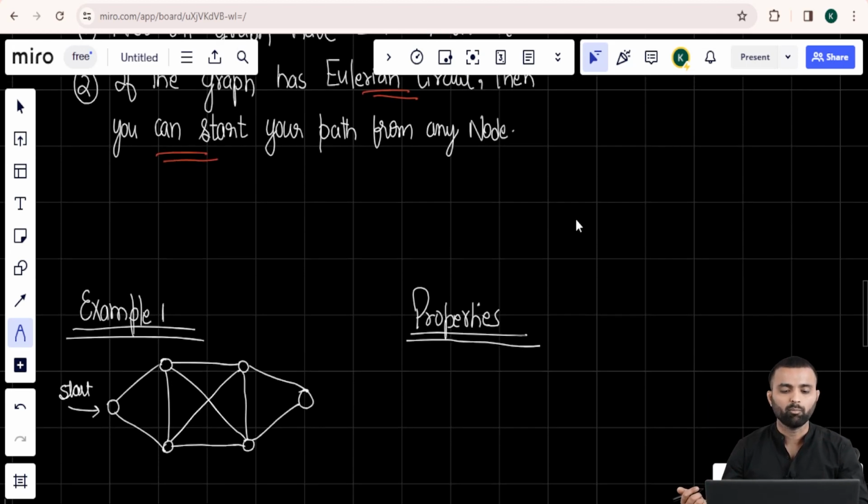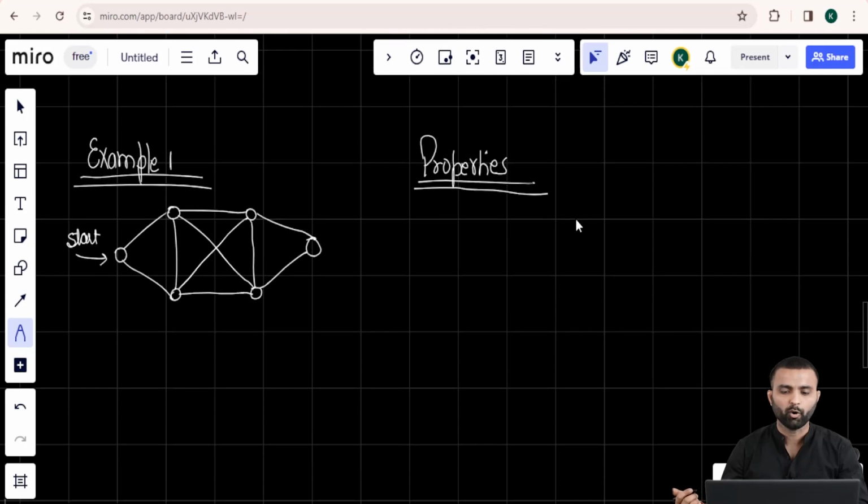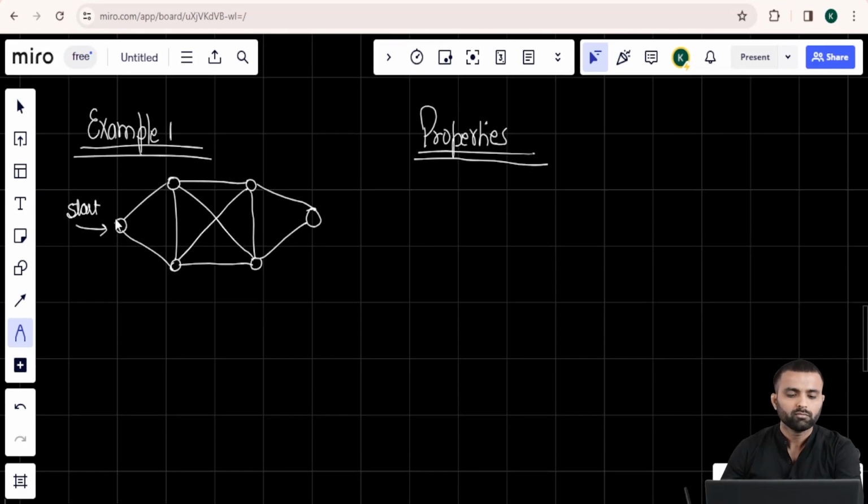Let's see an example of these nodes here. For example, I am starting from this point. Now, where can I go? Let me go through this path, and now I am here. Let's go to this vertex, and again to this vertex, and after that to this vertex.